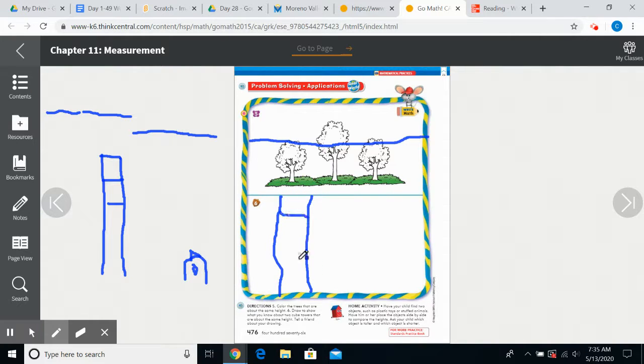And then you can just make your cube lines. There's 1 cube tower. And then here's my next cube tower. And you can make the lines just like this. And now I have 2 cube towers that are about the same height.